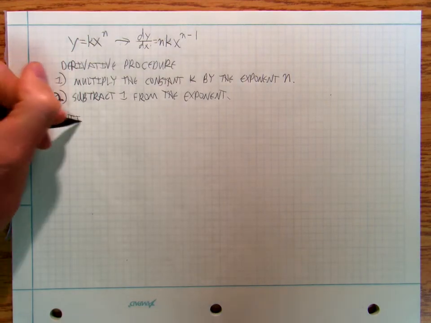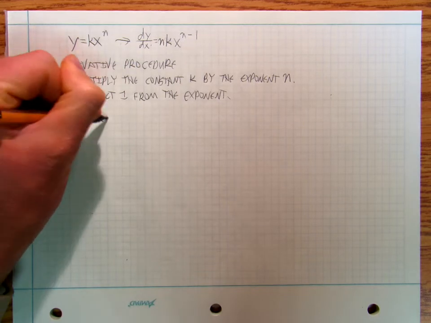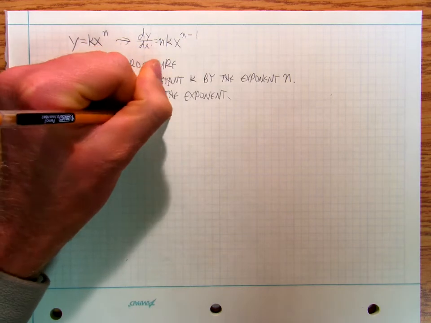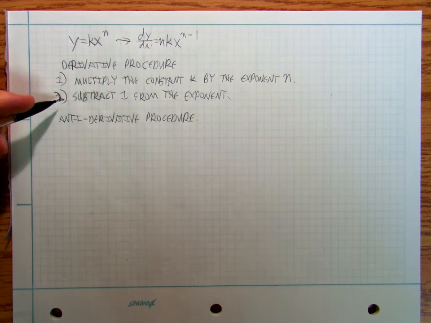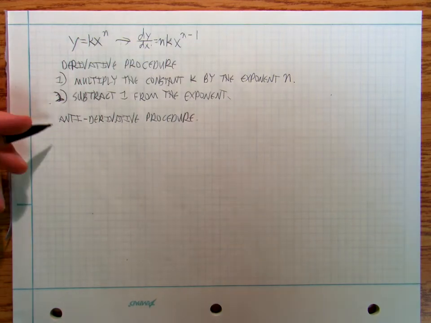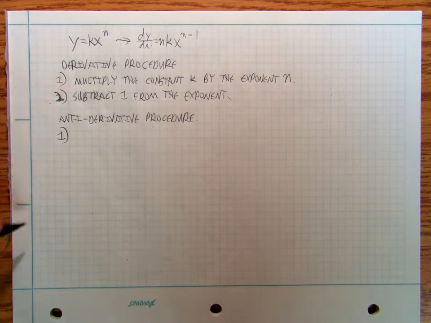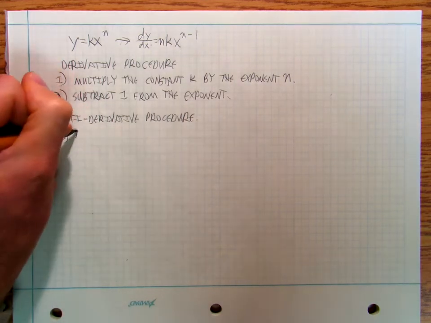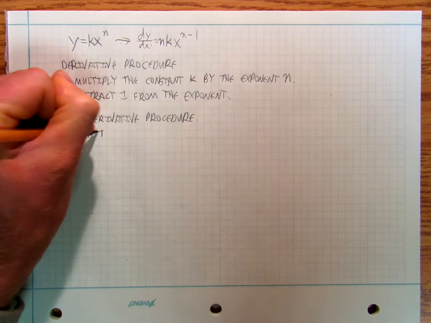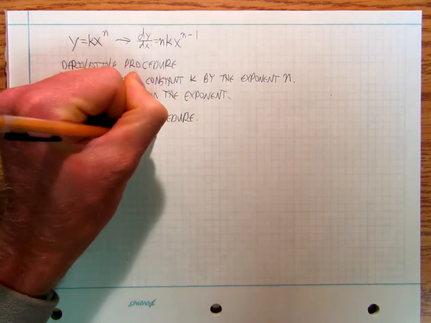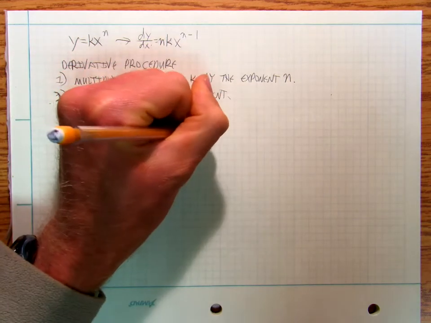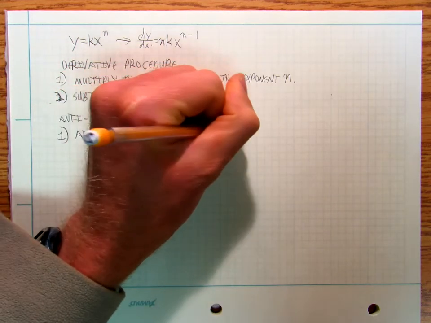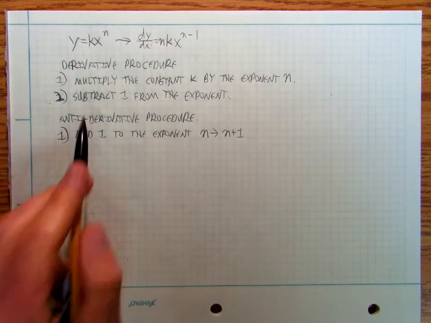So now my antiderivative procedure is going to be this run exactly in reverse. Instead of subtracting 1 from the exponent, I'm going to add 1 to the exponent, so n goes to n plus 1.